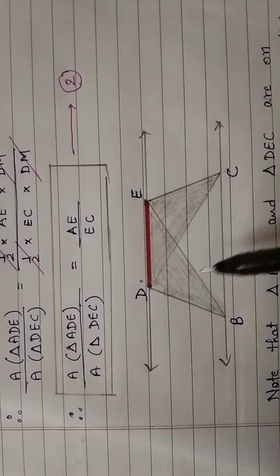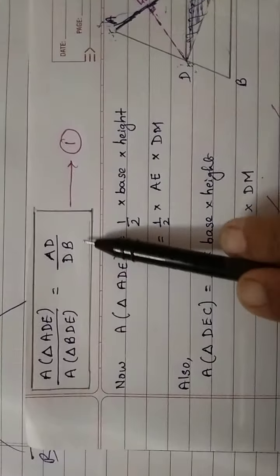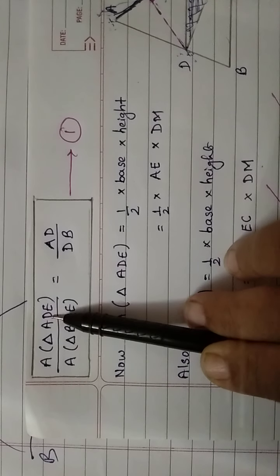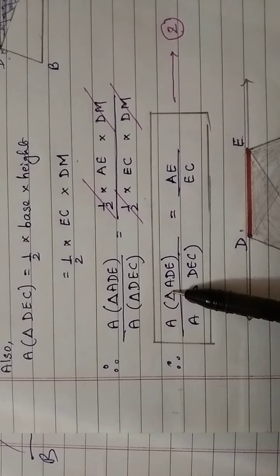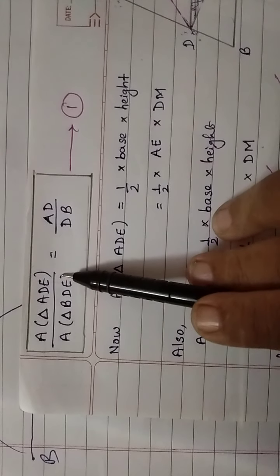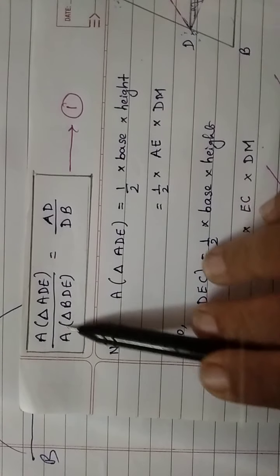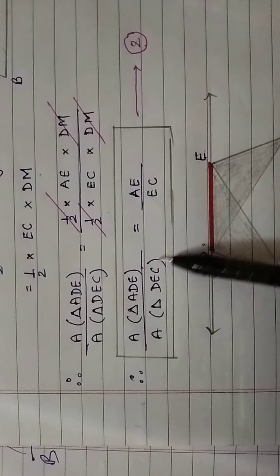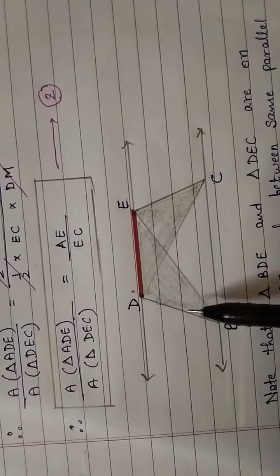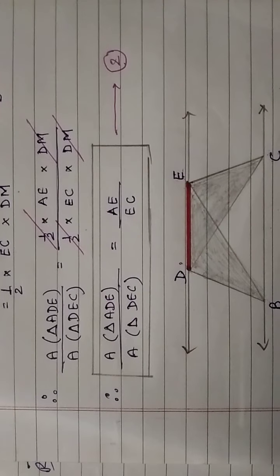Therefore, both the shaded triangles have the same area by theorem. So now when I look at my statement number 1, the numerator of statement 1 and the numerator of statement 2 are the same. In the same way, I showed that the denominators BDE and DEC are the same.